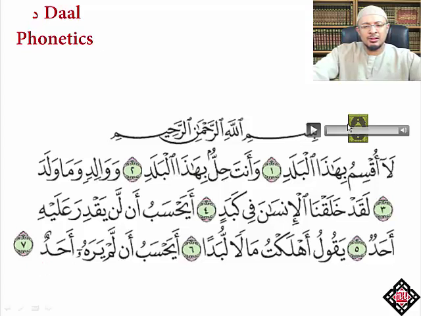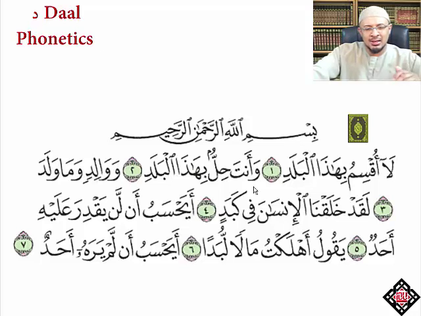So here we see the recitation and we see that when the Shaykh stops at dal, there is a qalqala, there is a vibration, right? For example, he continues وَأَنْتَ حِلٌّ بِهَذَا الْبَلَدِ وَوَالِدٍ وَمَا وَلَدَ.